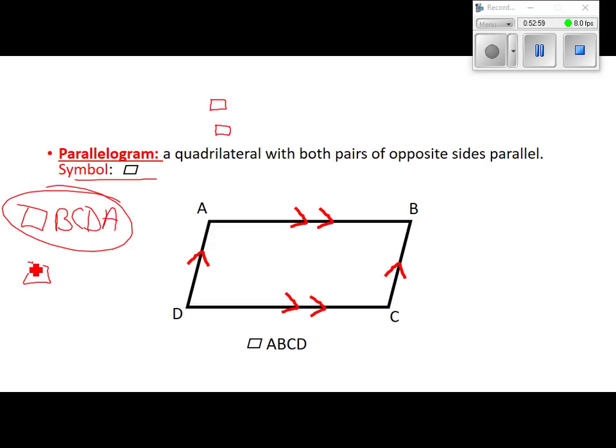Give me a name that would not work for this parallelogram. B, D, A, C. Why won't that work? You're jumping corner to corner. So you got to go around it in some kind of order. A, D, C, B would work, yep.